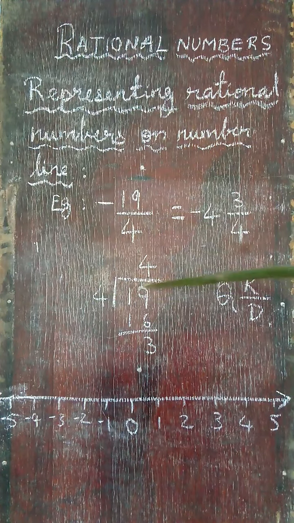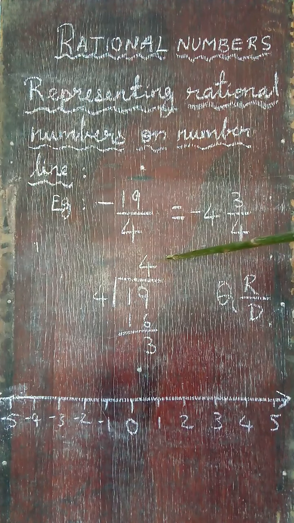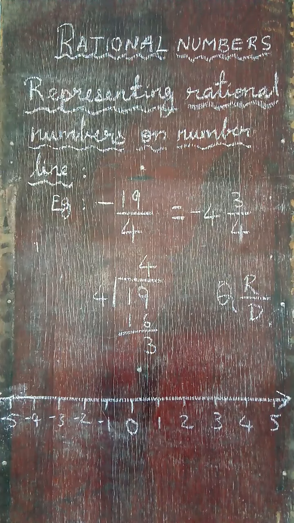Divide: 4 fours are 16, balance is 3. We have to convert this into a mixed fraction to find where it will lie. Write it in the form quotient, remainder by divisor: this is the quotient, this is the remainder, and this is the divisor.